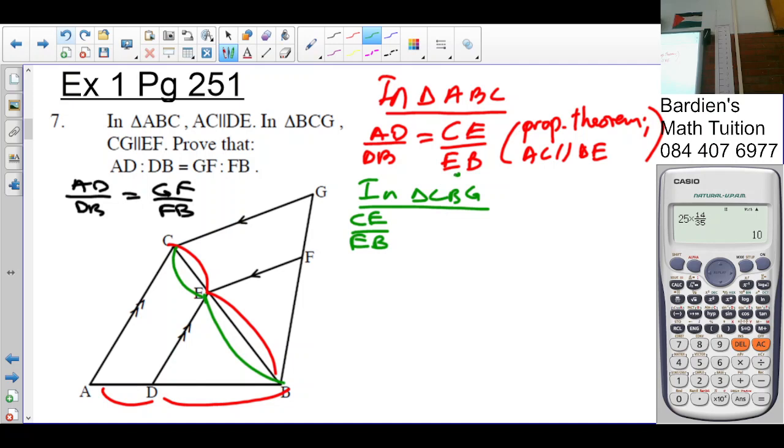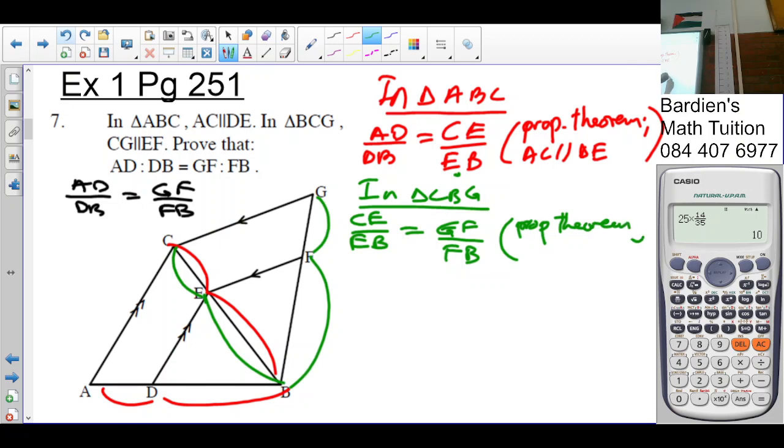Can you see that's about the same? Is equal to GF over FB. And what's your reason here? Same story. It's the prop theorem with CG being parallel to EF. Can you see that, people?